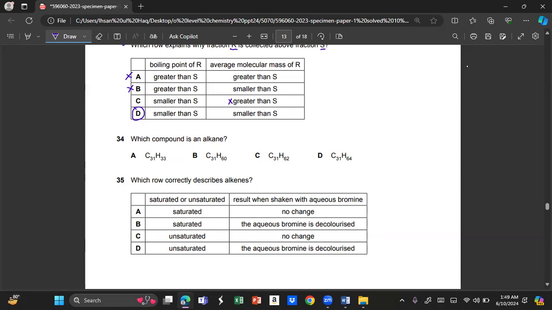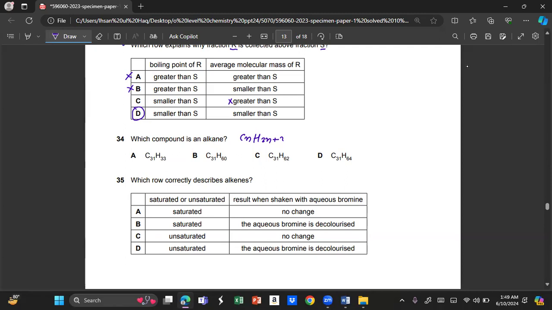Which compound is an alkane? Hope you know the general formula of alkanes, which is CnH2n+2. The formula which fits into this general formula will be an alkane.